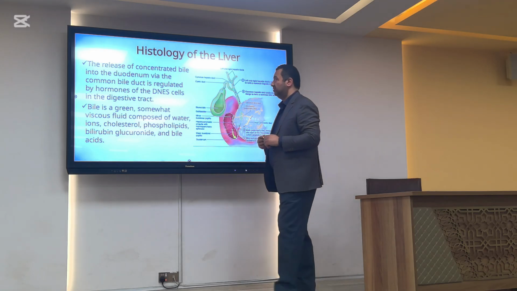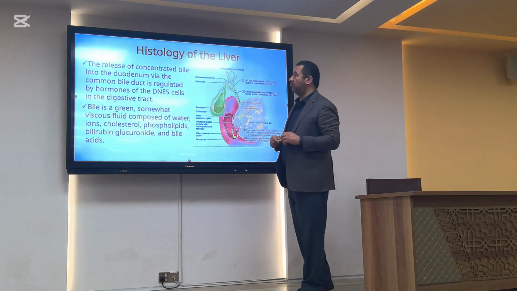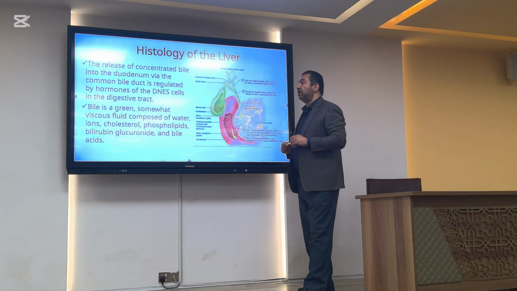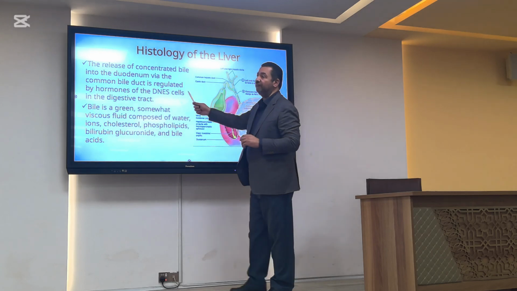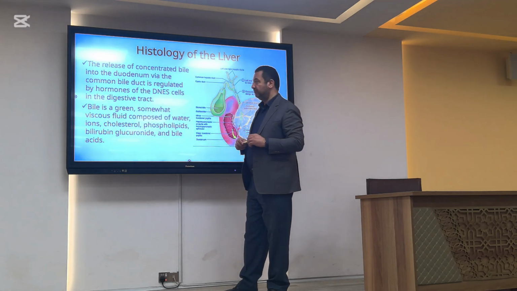The release of concentrated bile into the duodenum via the common bile duct is regulated by hormones of diffuse neuroendocrine system cells in the digestive tract.